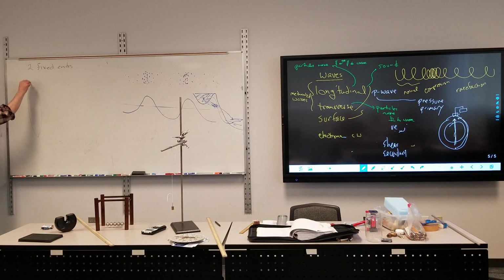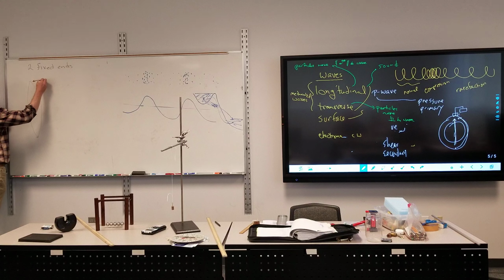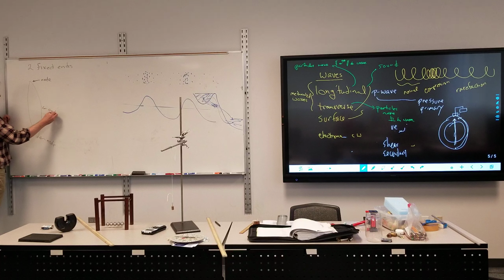This is typically the way it's drawn, where you have the points that are not moving, and the point that's moving the most. I'm not claiming that it's in two places at once, just that if it's going fast enough, it looks like it's in two places at once. This is a node, this is a node, this is an antinode. And this is the first harmonic.